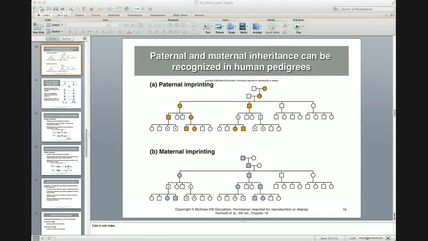A non-methylated insulator is functional, and a functional insulator will silence expression of the gene. So the maternal copy is silenced or imprinted because the insulator is functioning.